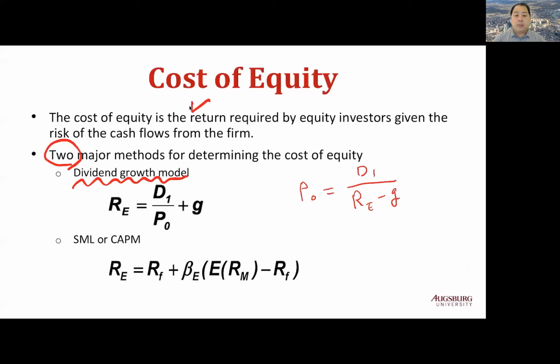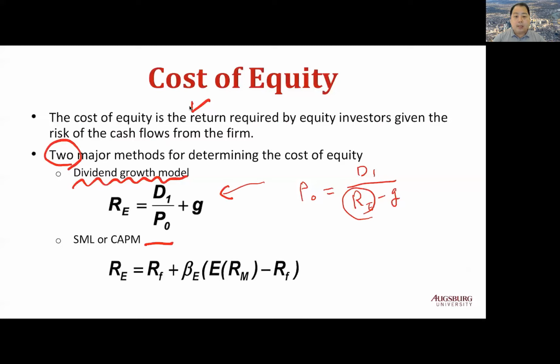As we saw in chapter 7, we can rearrange this formula for the required rate of return, which is in fact the cost of equity. So from the dividend growth model, the cost of equity equals the next period dividend divided by the current price plus the growth rate.